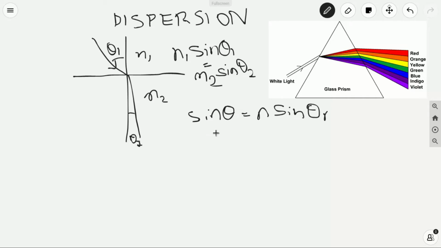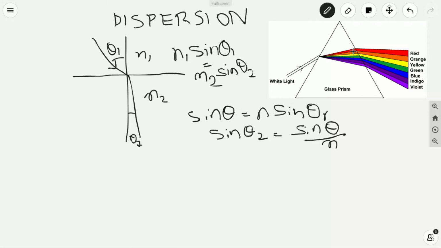Now I can rewrite that, are you following, Joy? Yes, a simple rearrangement of equations. Now, does this help you to explain what we are seeing here, the splitting of light? Let me help you, Joy.